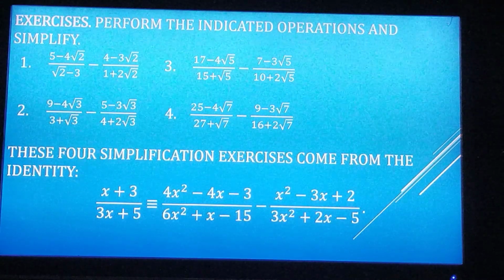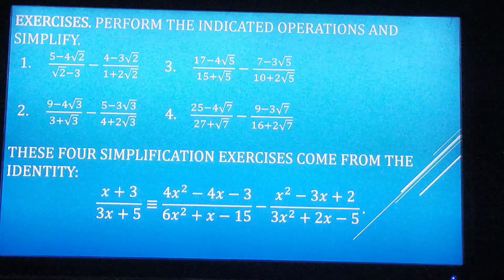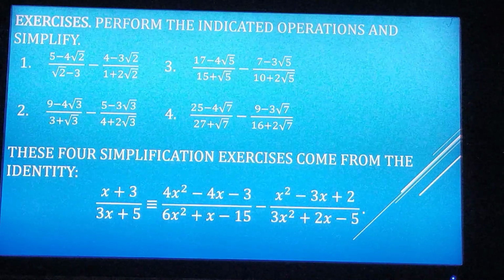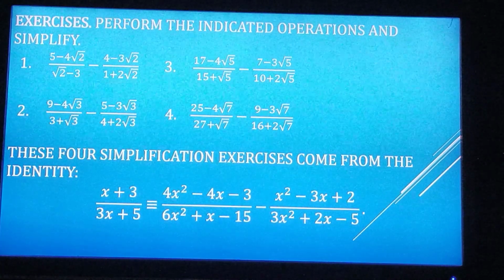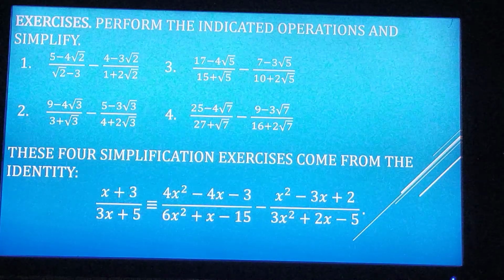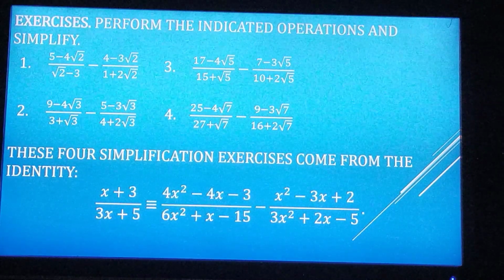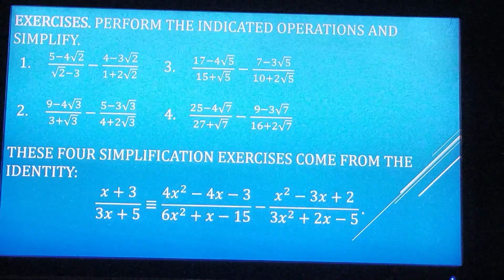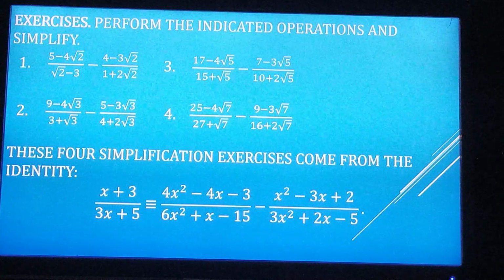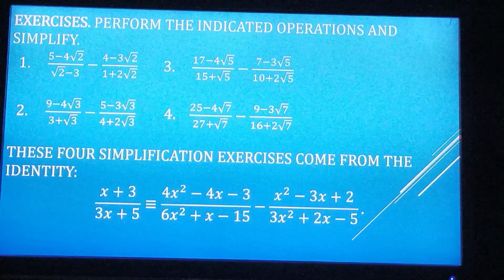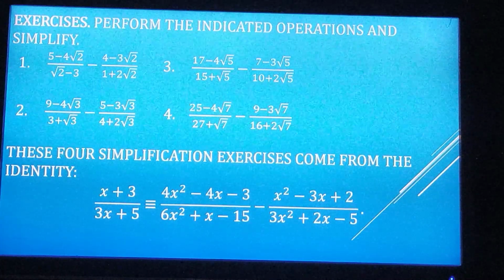And these 4 simplification exercises come from the identity (x plus 3) over (3x plus 5) is identical to (4x squared minus 4x minus 3) over (6x squared plus x minus 15) minus (x squared minus 3x plus 2) over (3x squared plus 2x minus 5). So we get this by using irrational numbers.